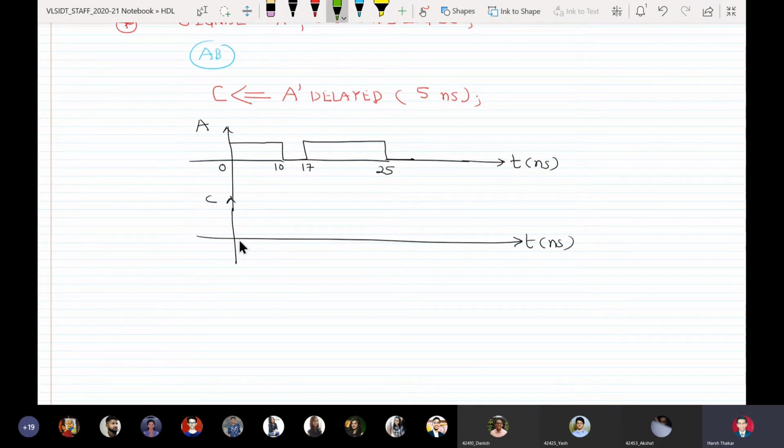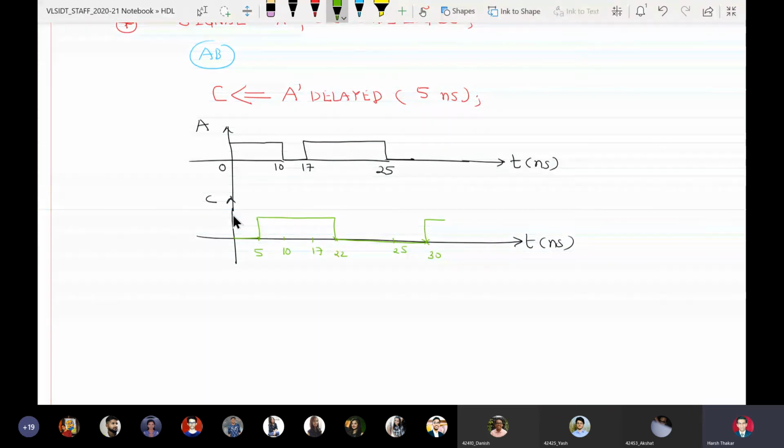Okay, so we see here that there is a delay of 5 nanoseconds between A and C.